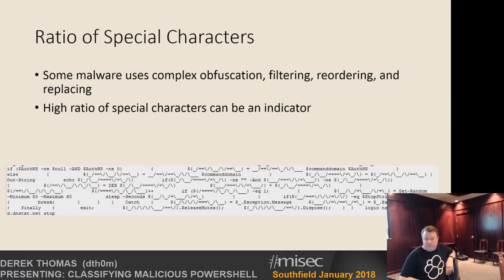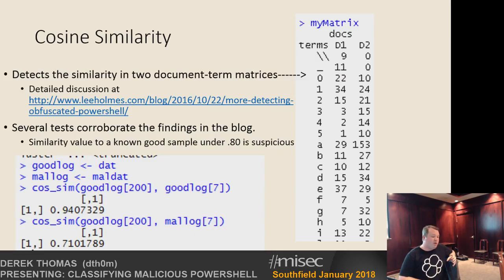Cosine similarity. This one gets a little bit out of my realm. You're detecting how similar an event is compared to known good events. So I create a long list of known good events. These events we've reviewed, thousands of them, and we take an event and compare it to the text. What you do is you split it and do character frequency analysis. On the left, where it says terms, these are all the terms that exist in good log 200 and good log 7.